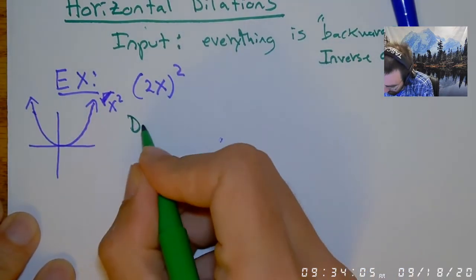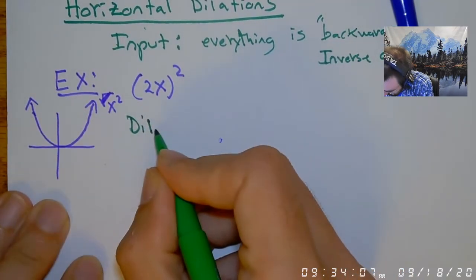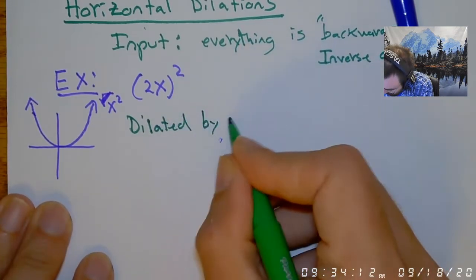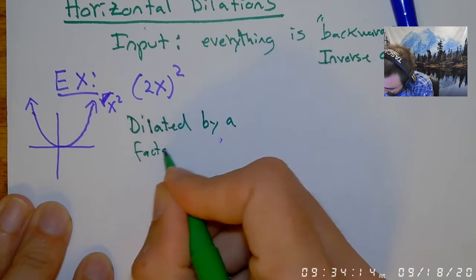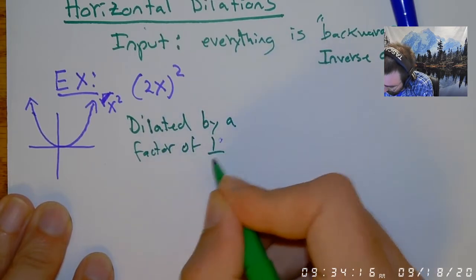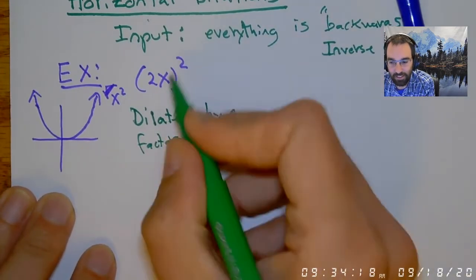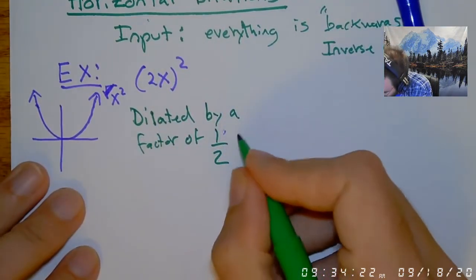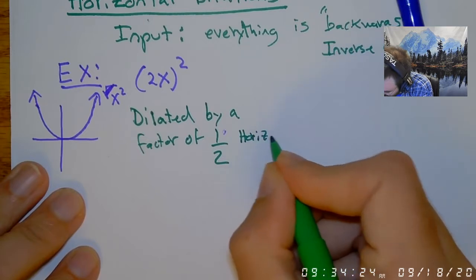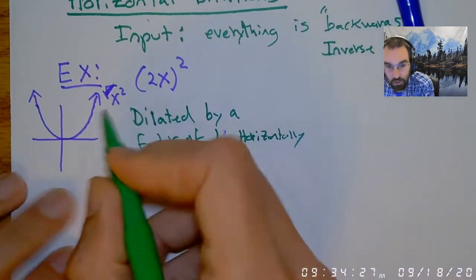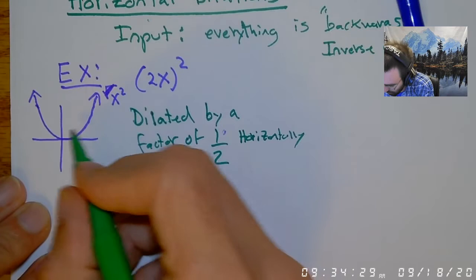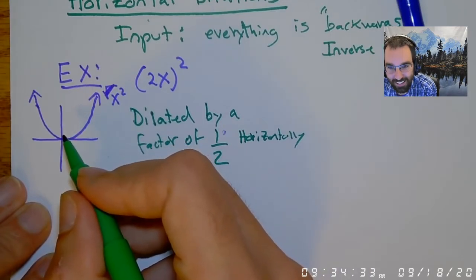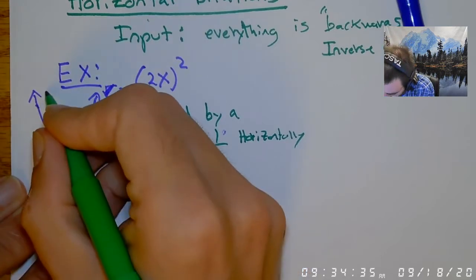So we say this is dilated by a factor of 1/2, okay? Because you see the 2, but we have to do the inverse operation. It's actually 1/2, and then it's 1/2 horizontally. Okay, so now what does that mean? Well, the graph of this is going to look freaky familiar to a vertical dilation.